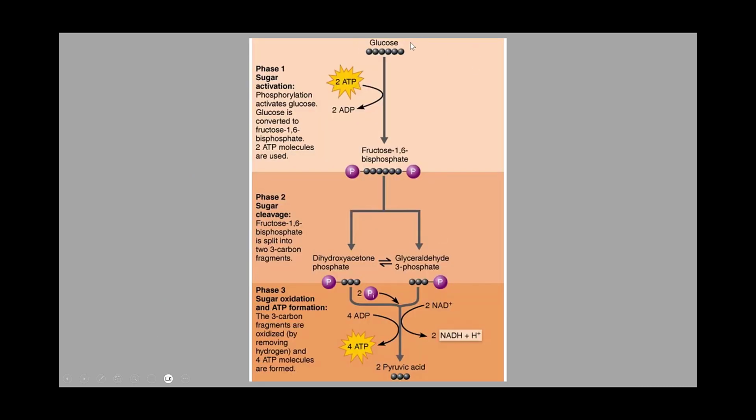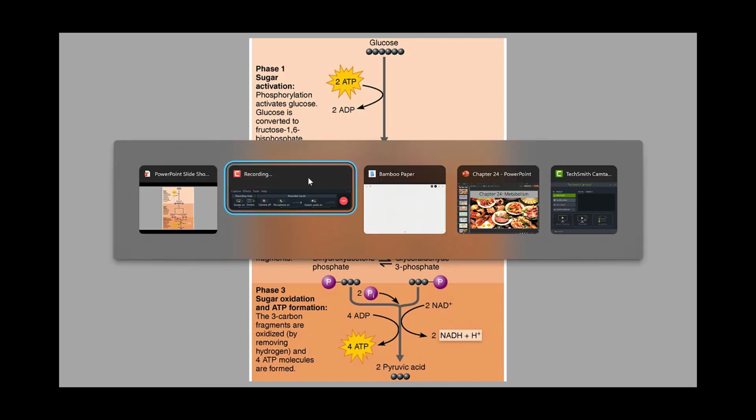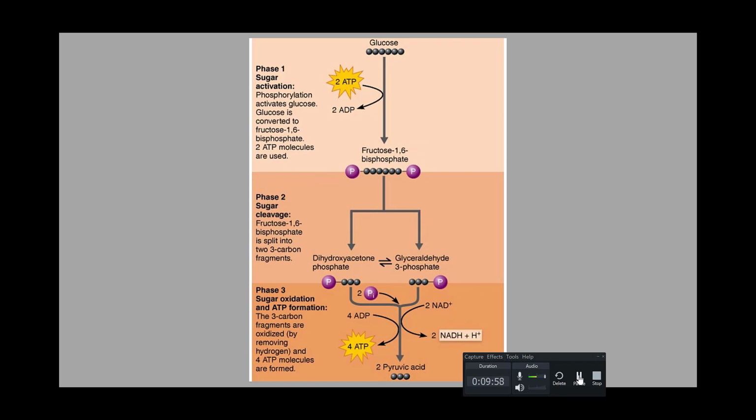So when we see something like this up here at the top, when it's showing our glucose, sometimes it will just be those 6 little black balls. So this image here is from our textbook, but we're going to draw this out so that we can actually see what it is that's going on step by step.